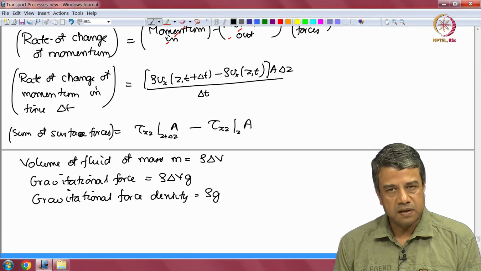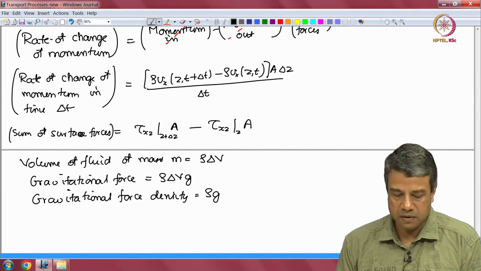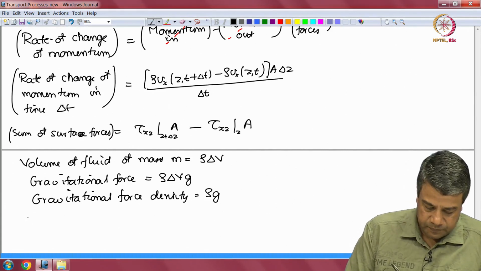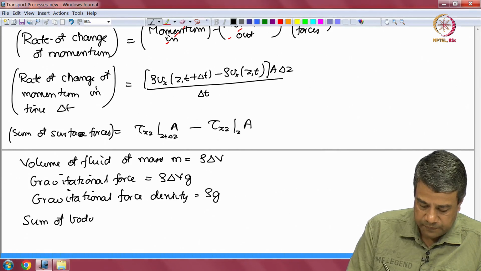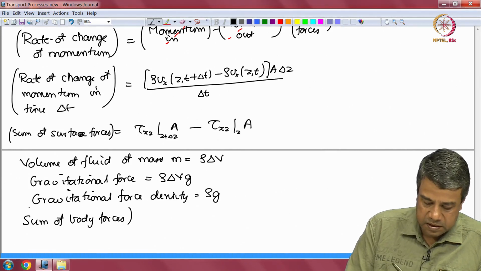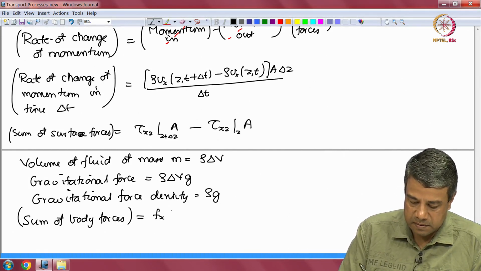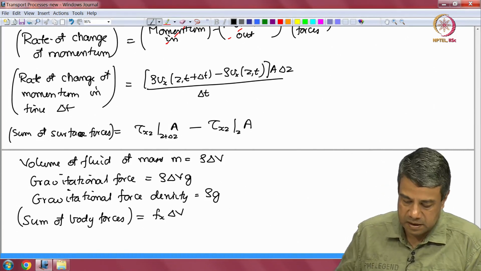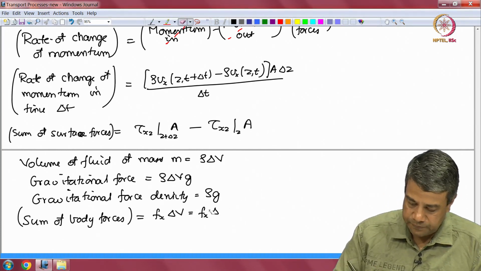In general, you could have gravitational forces, centrifugal forces and other such forces. All of these forces are proportional to the volume. So, therefore, this second contribution, the sum of body forces, in the x direction in this particular case, will generally be of the form f x times delta v, which is f x A delta z.